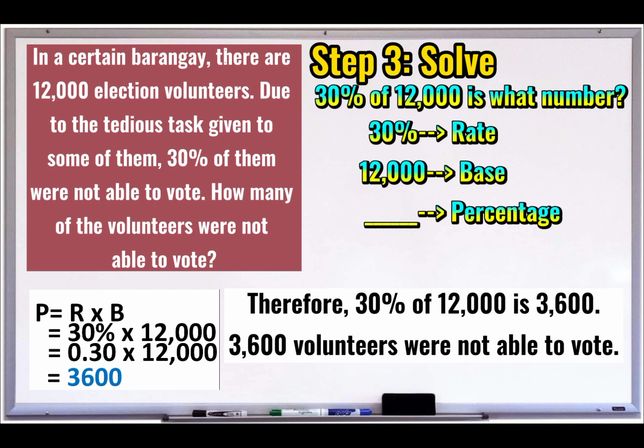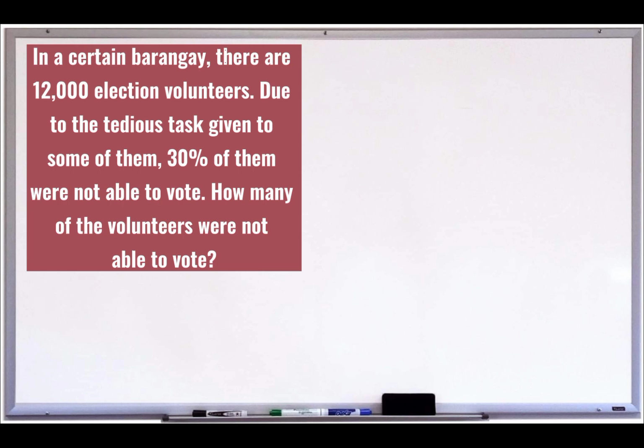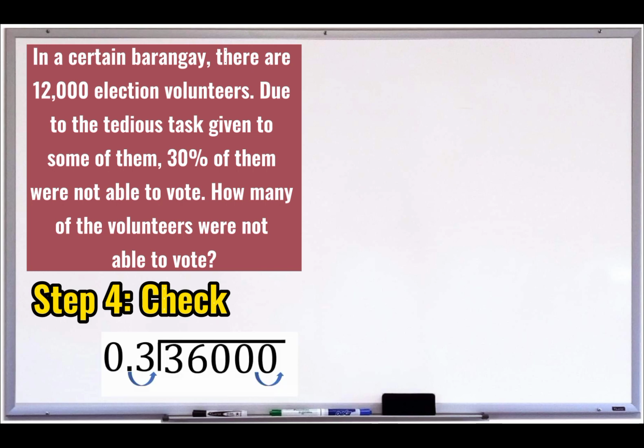3,600 volunteers were not able to vote. And the last step is we're going to check or look back to know if our answer is correct. We are going to divide 3,600 divided by 0.3.